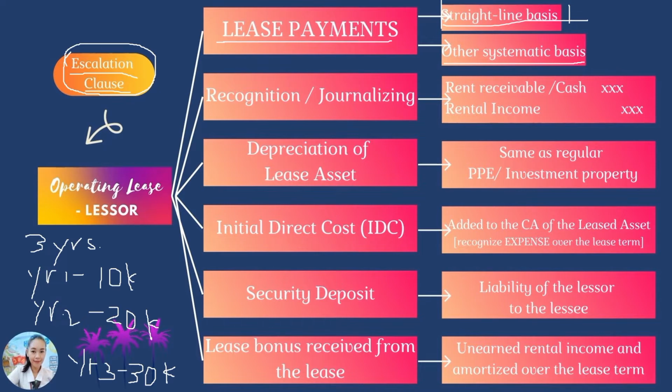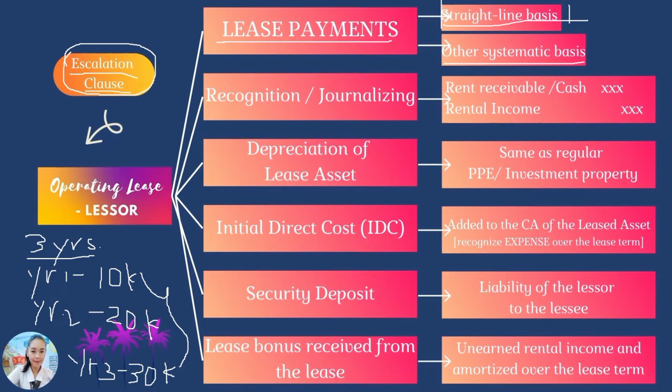Now, how are we going to account for this one using straight line basis? Now, easy peasy. Just add up all these 3. Now, the total of this one, you just have to divide by the lease term, which is 3 years.